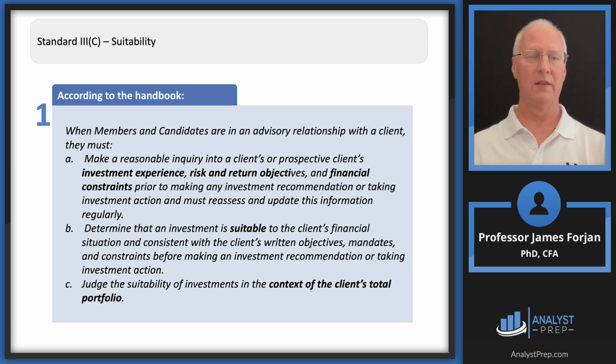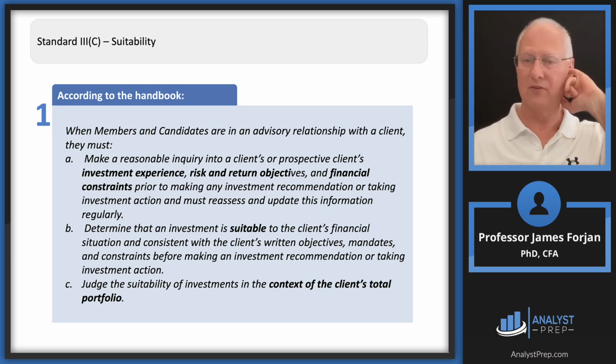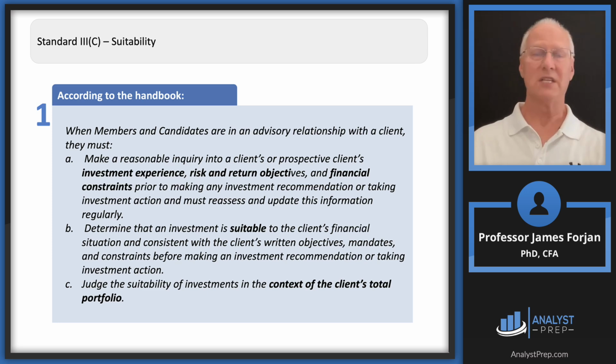All right, suitability. This is a point of emphasis from the very beginning of level 1 in the context of the policy statement. And so, look at part A and B and C. What words are you reading in there? Client or prospective clients, investment experience, risk and return objectives, constraints, all of the extra work that we do, like a macroeconomic analysis and an industry analysis and sector analysis, deciding whether alternative investments are appropriate in there, right?